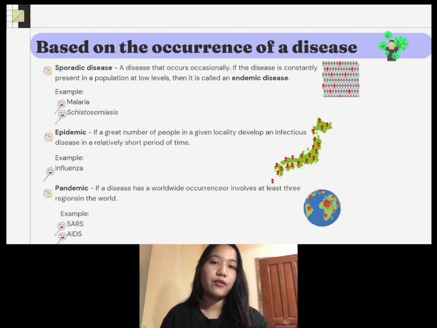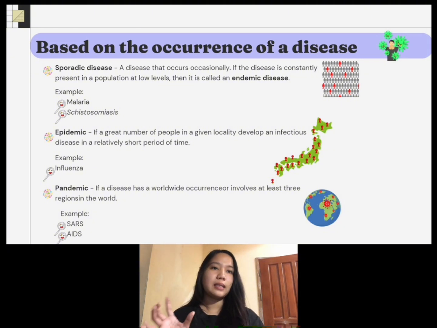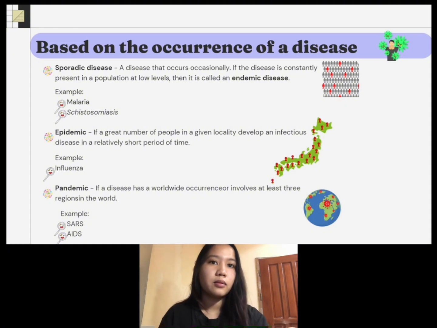So, example is the influenza and another example is yung Ebola, since yung Ebola is nasa isang locality lang siya, and hindi siya nag-spread through the whole world. Instead, a great number of people sa isang locality lang siya. This next is pandemic.